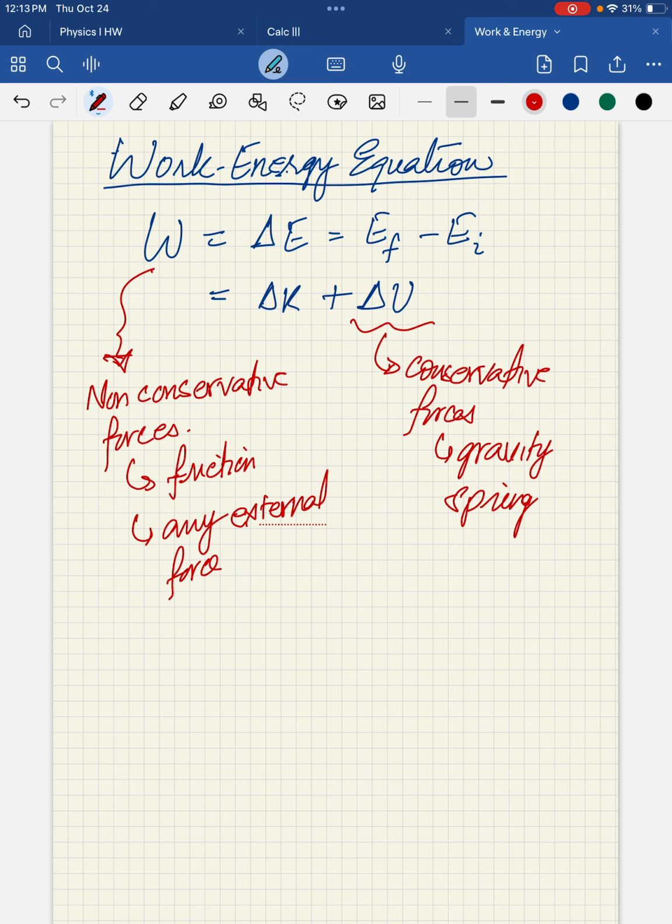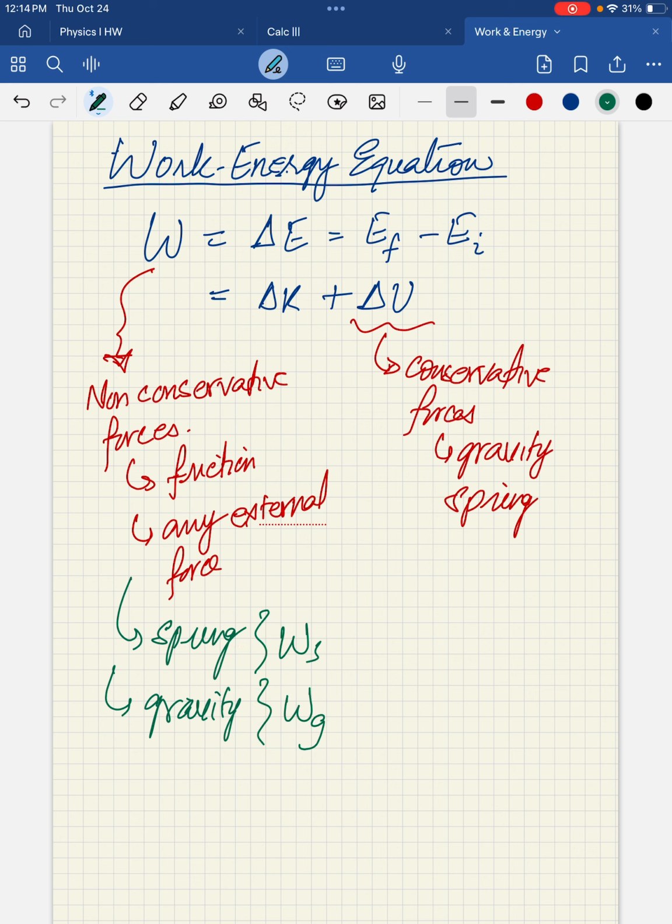Like here, I can also add spring force, and I can also add gravity on the left hand side of the equation, and these will be the work done by the spring, work done by the gravity, and similarly here it is the work done by friction, and here work done by any external force. We are summing everything up to find the total work done, and that is equal to the change in total energy of the system, which is the kinetic energy and the potential energy changes.